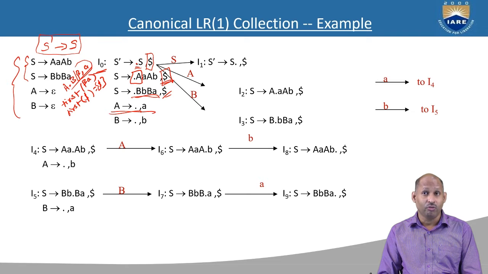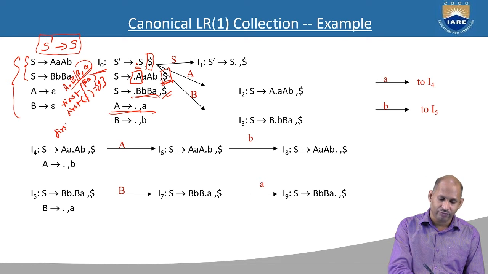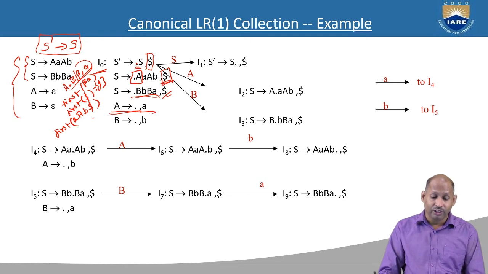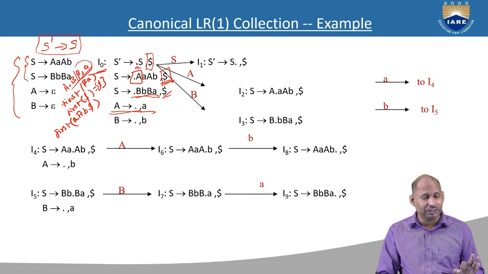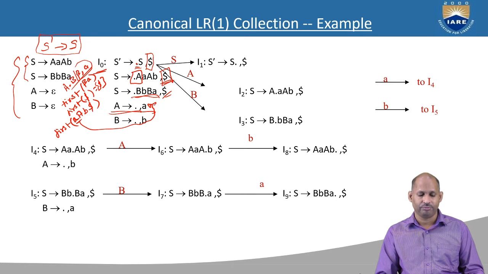Then what is the symbol here? First of AAB dollar. So what is the first symbol? That is a terminal. So that is the reason we included here A.